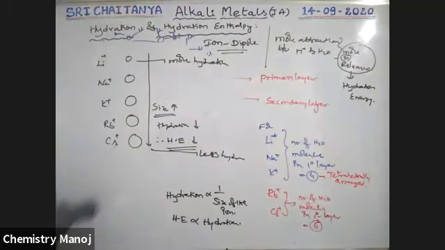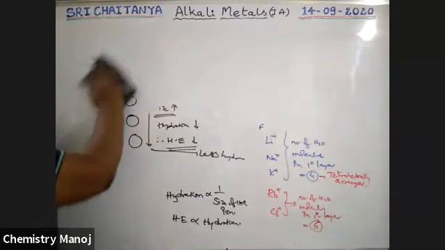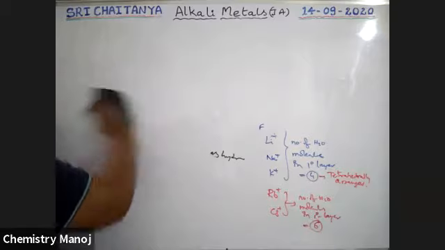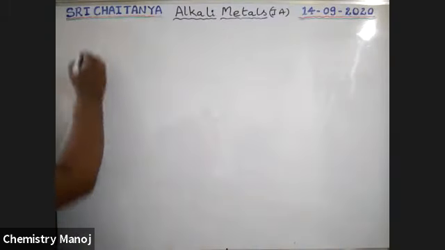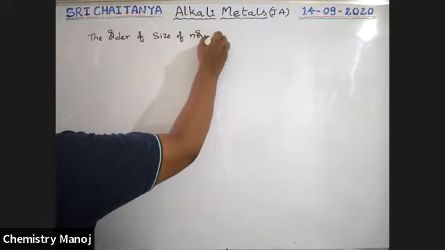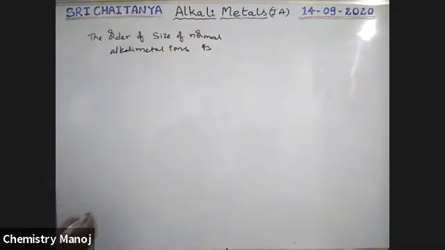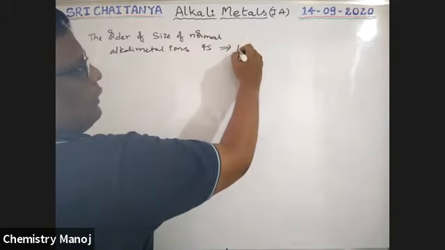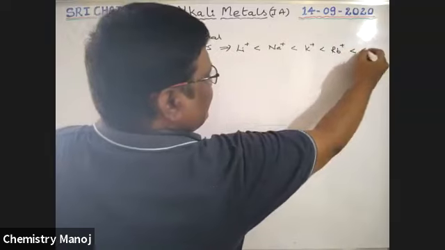Therefore, the order of size of normal alkali metal ions, not hydrated, before hydration, is Li plus less than Na plus less than K plus less than Rb plus less than Cs plus.